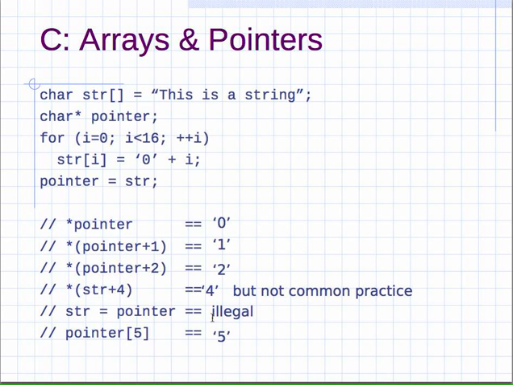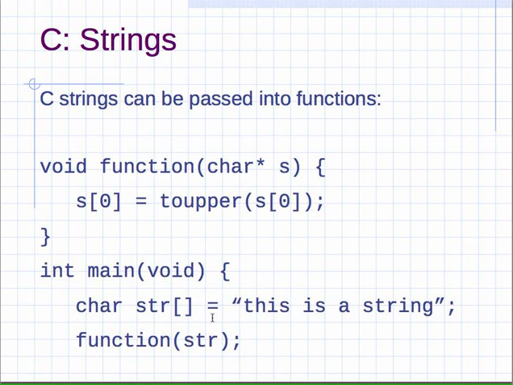Okay. So there's a bunch of things that are sort of odd about C strings. When you pass strings into functions, in Java we're used to knowing about the length of an array, and therefore the length of a string too, because strings in Java are just objects.